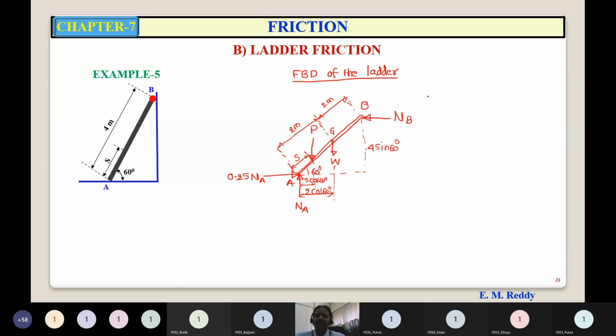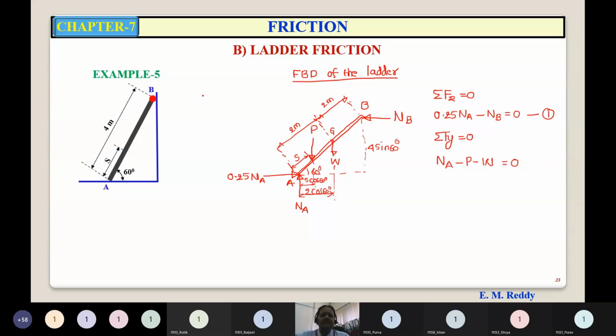Now for limiting equilibrium, writing the equations of equilibrium. Summation Fx is equal to 0: 0.25 Na minus Nb is equal to 0. So equation 1. Then summation Fy is equal to 0: plus Na minus P minus W is equal to 0.